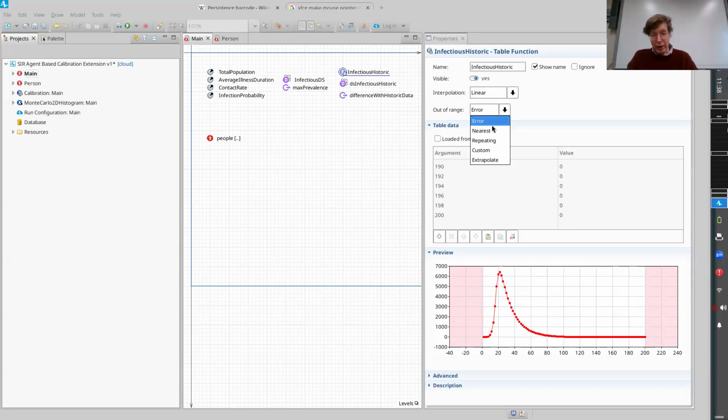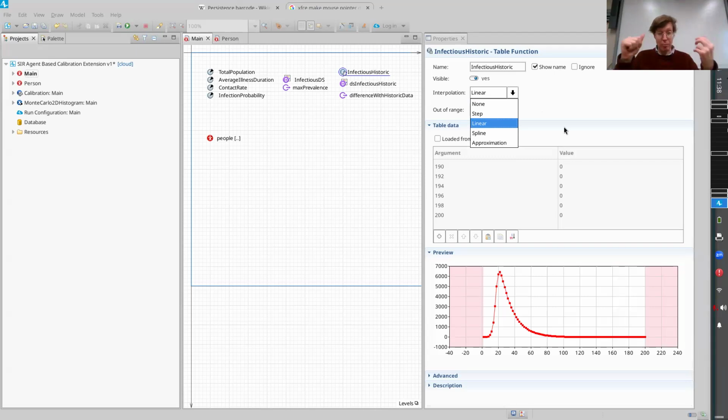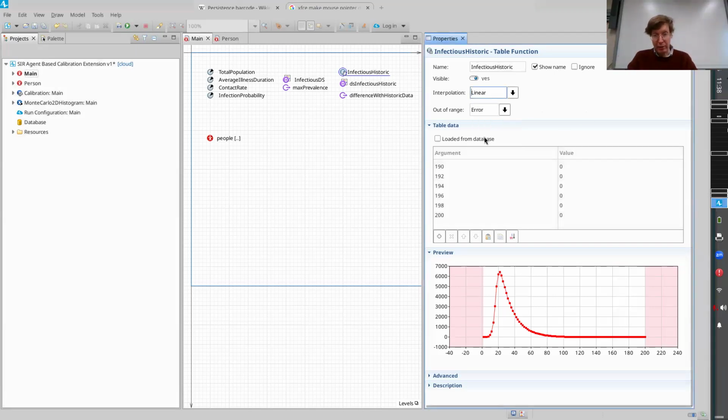By contrast, interpolation is not extrapolation outside. It's figuring out, if you give a value, for example 193, how would it decide what the value is for 193, right? Or if we gave a value of 7 as the input, how would it determine what value to give back?